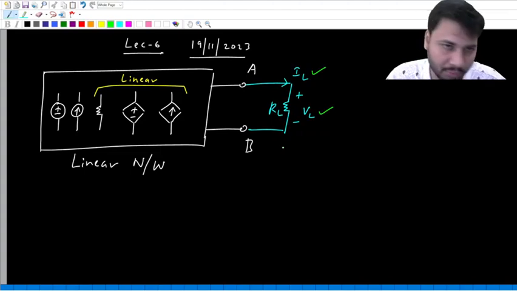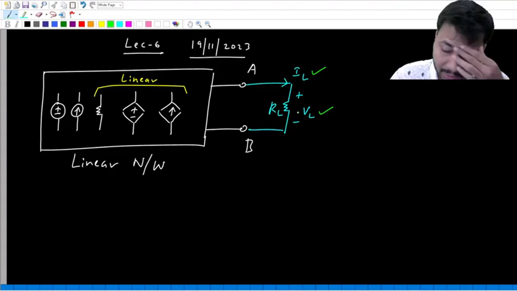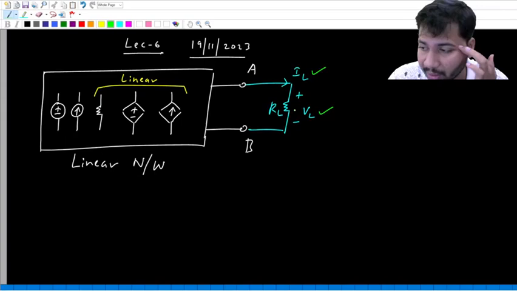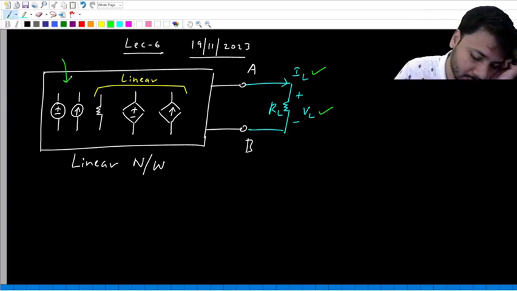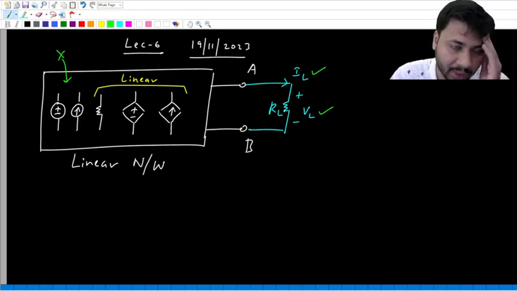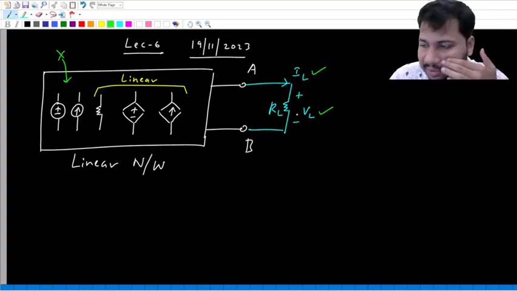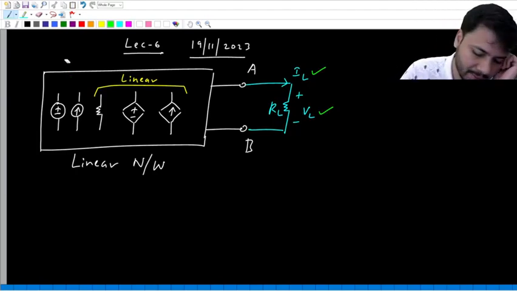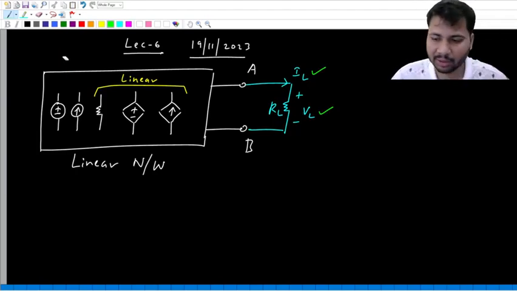In fact, if you know either of these, you can easily calculate how much power is being delivered to the load. So we are interested in voltages and currents outside this box. I hope this is clear.